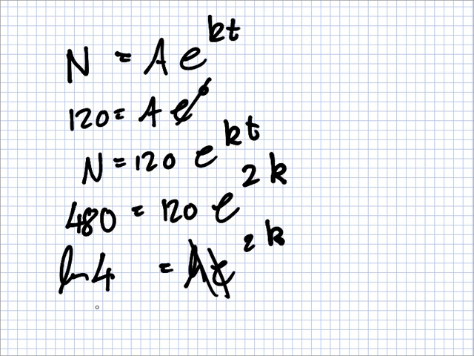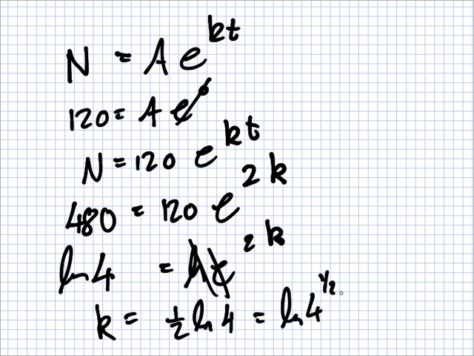So then you get k is a half log 4, which is log 4 to the half, which is log 2. I did 480 divided by 120 equals 240. Aren't you glad you didn't embarrass yourself by showing me that? Right, so that's the answer for part 1. Now on to part 2.